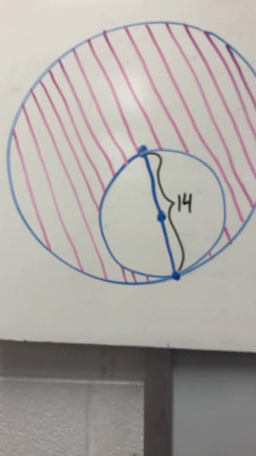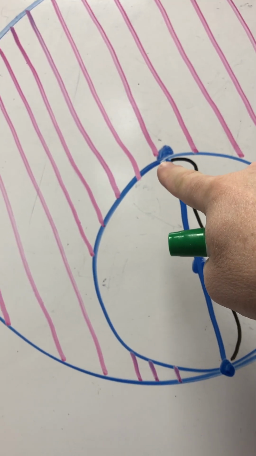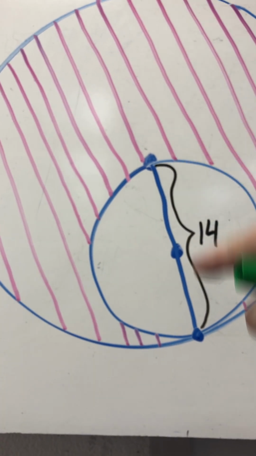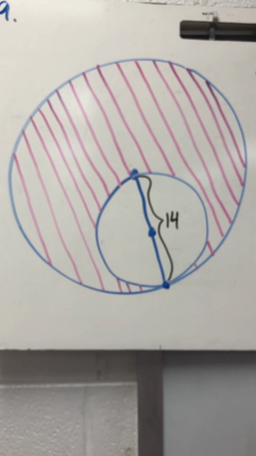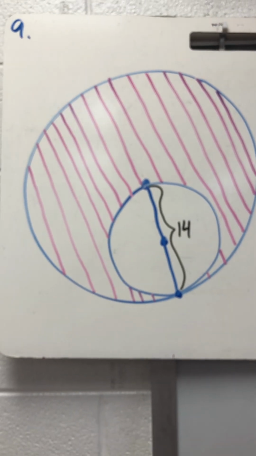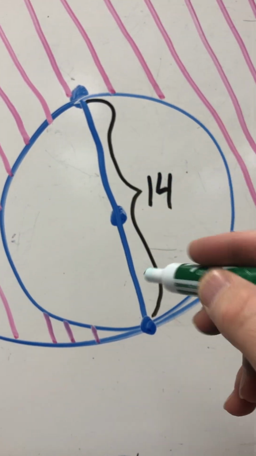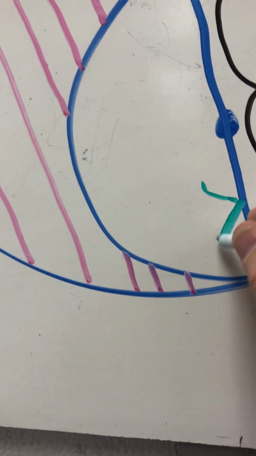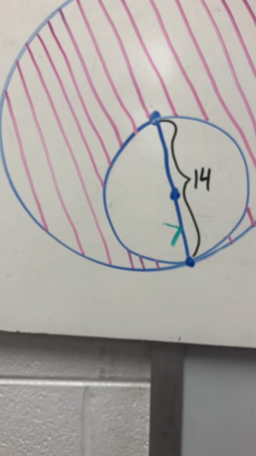But do you see how this point here is the center? This is the center of the circle. So that means 14 is the radius of the big circle. Now, if 14 is the radius of the big circle, what's the radius of the small circle? Isn't that going to be 7?